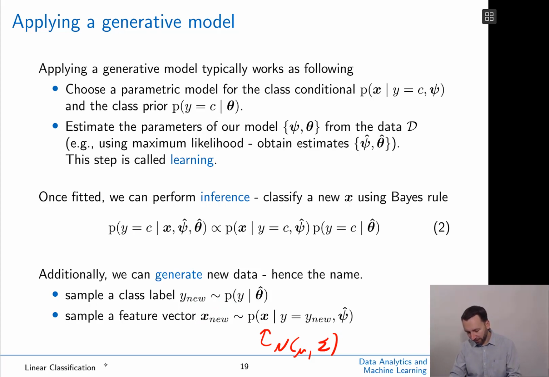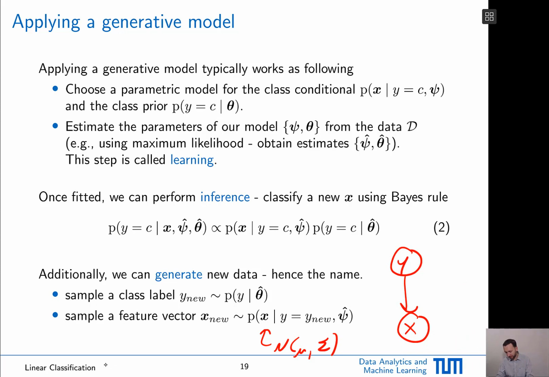So one more time, the probabilistic graphical model for this. What we have seen is here, we have this Y. Okay, so Y is our class label. And then this Y affects the X. So we see that first we have the Y, which only depends on some deterministic parameters theta, right?